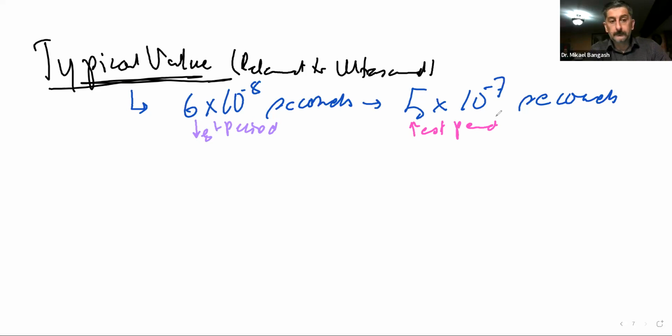Is that clear? Let me break this down: 6 multiplied by 10 raised to the power minus 8 seconds. 6 is 6.